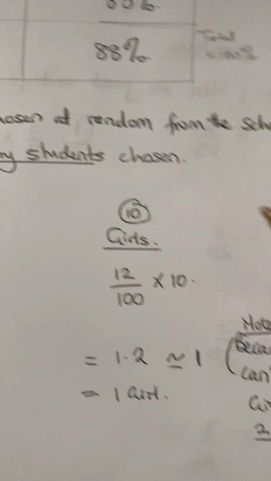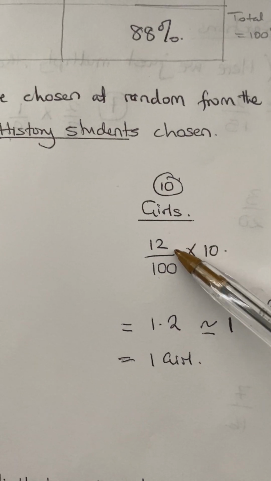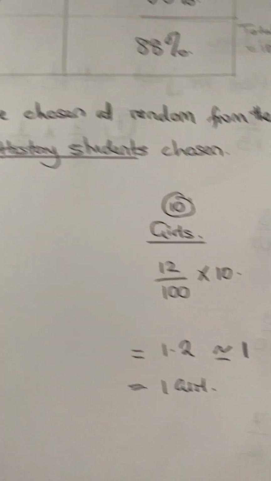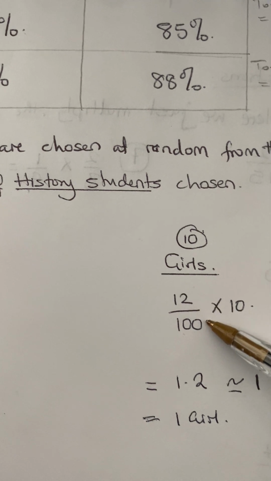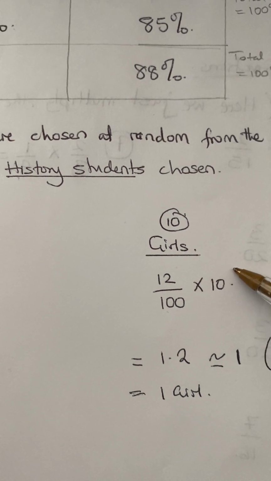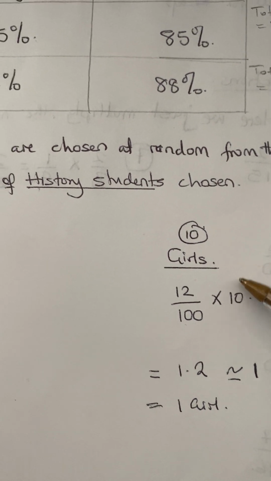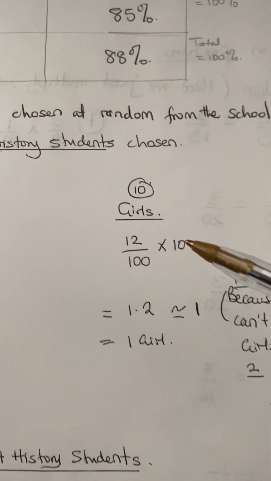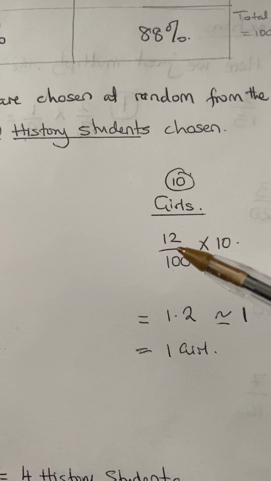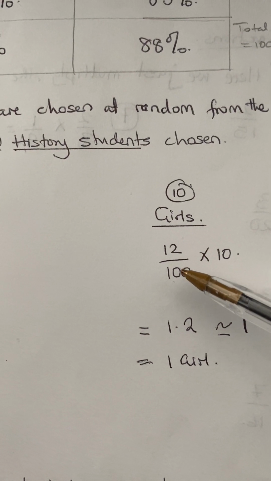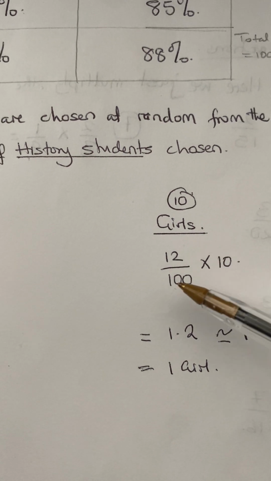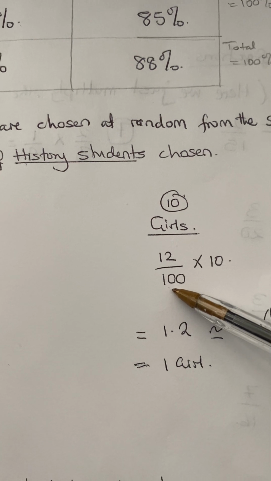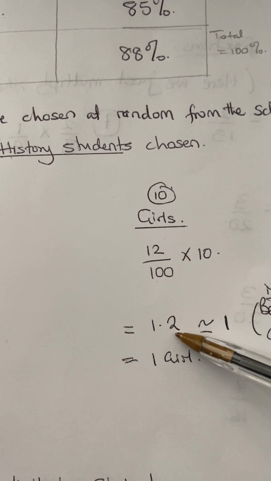Okay. Now let's look at the girls' part. 12% of girls study history. So 12 out of 100 times 10. And it's 10 girls. They've chosen them at random. So 12, how many 10s do I have in 100? 10. 12 divided by 10 will be 1.2.